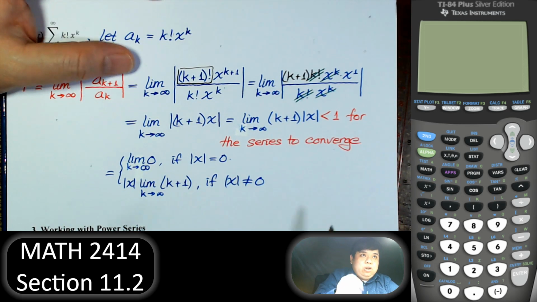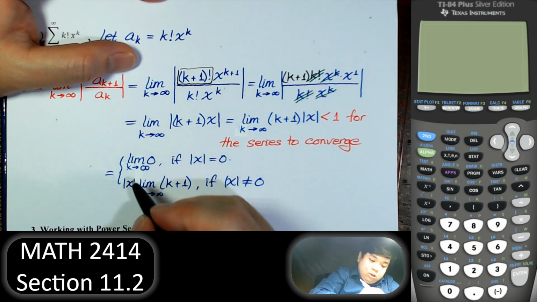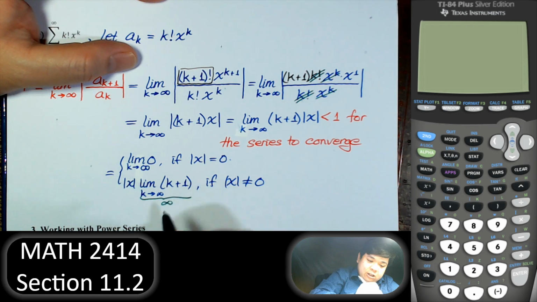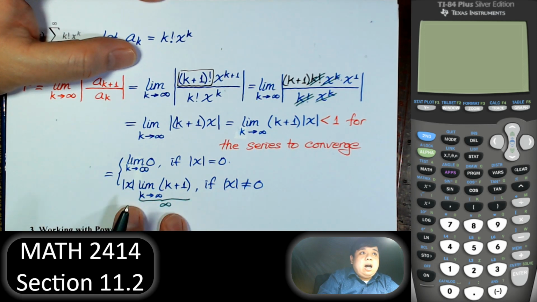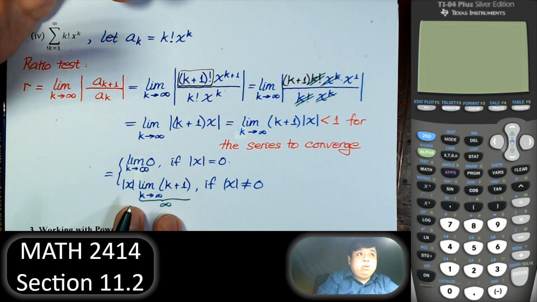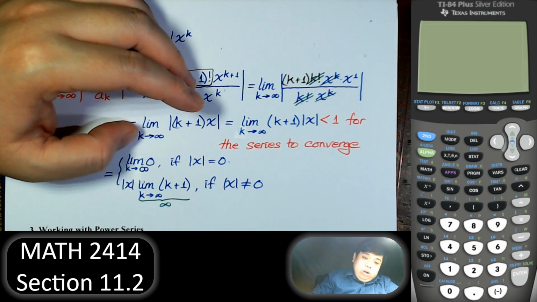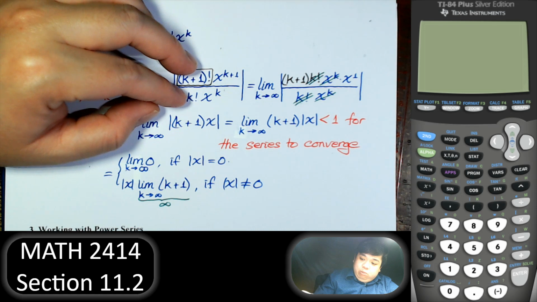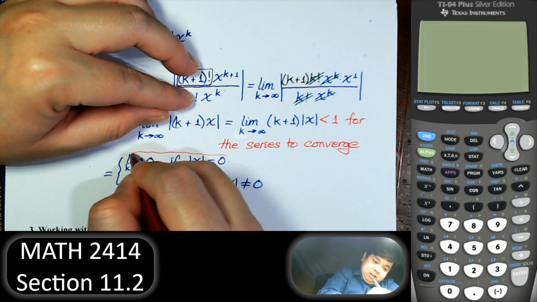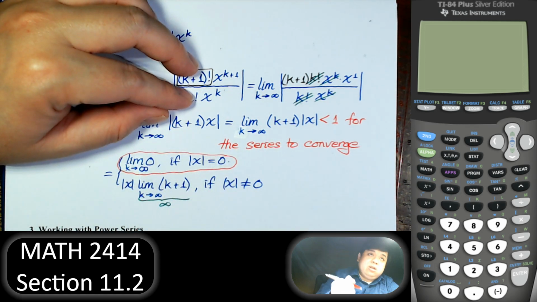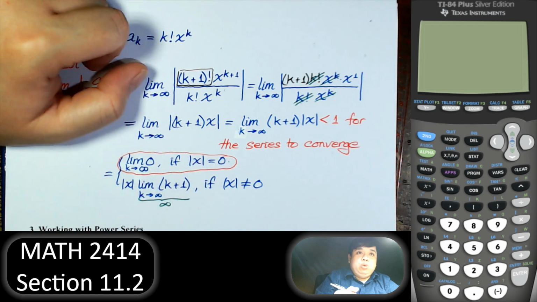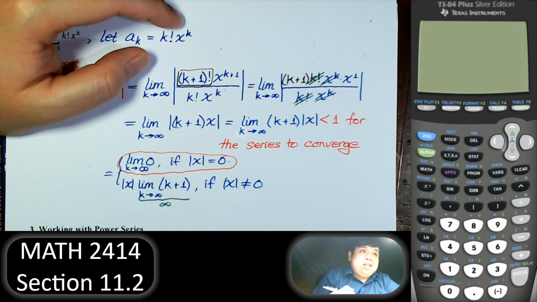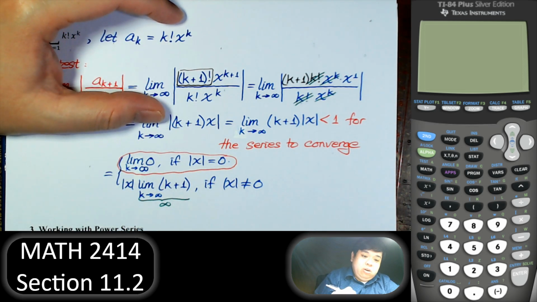If it is not equal to 0, we can factor it out and pull it out, but the other factor goes to infinity. So something other than 0 times infinity is infinity. So for the series to be convergent, we need the absolute value of x equal to 0. So in this case, the radius of convergence is 0.